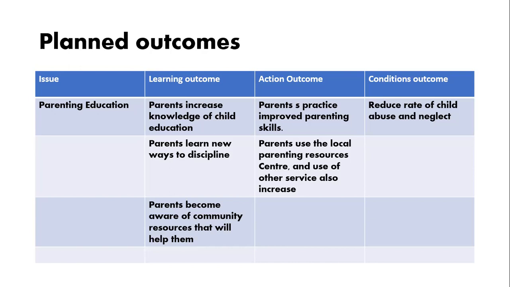After that, they change their behavior, which is considered the action outcome. After that, learning outcome and action outcome practiced in the long run lead to the condition outcome. This is how you explain it: how parenting education impacts in the long run, reducing the rate of child abuse or child neglect, whatever it may be.